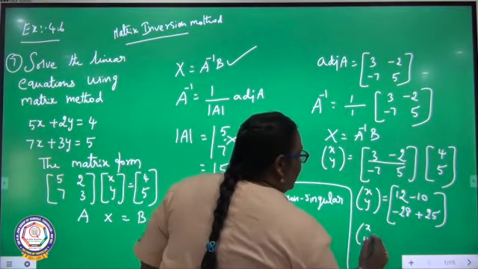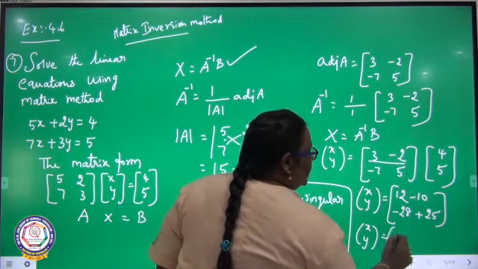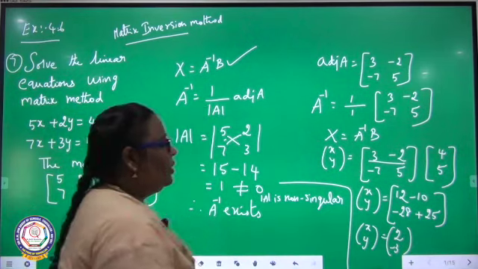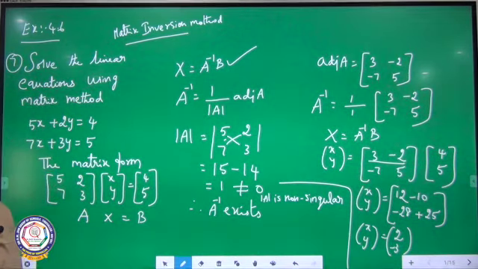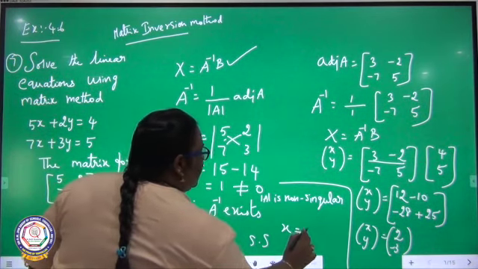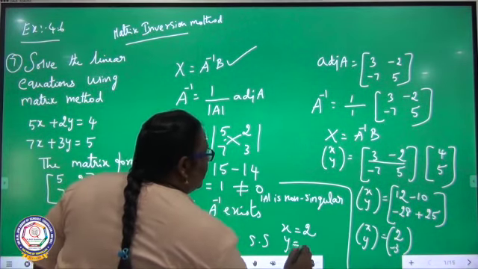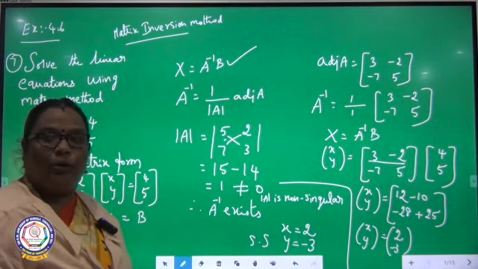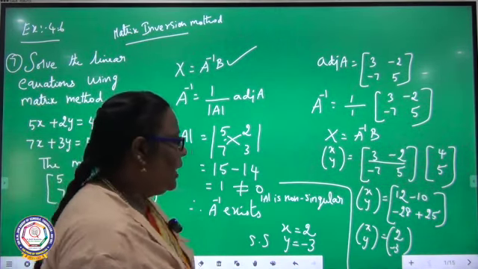So x, y equals, what is the value? 2, minus 3. What is the solution set? The solution set is x equals 2, y equals minus 3.